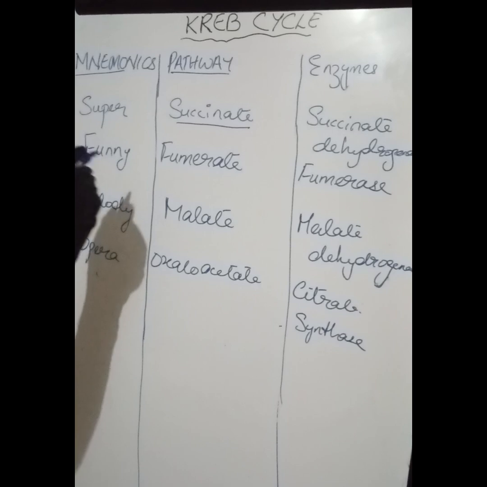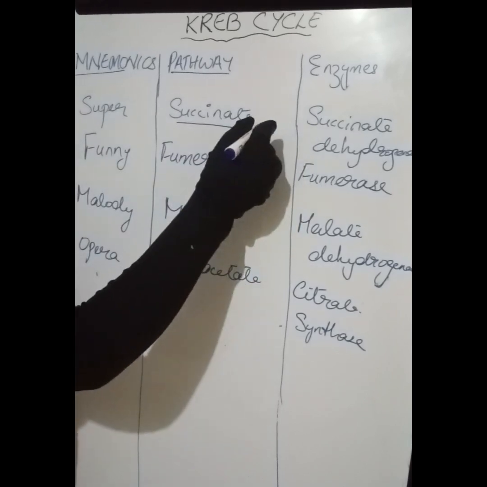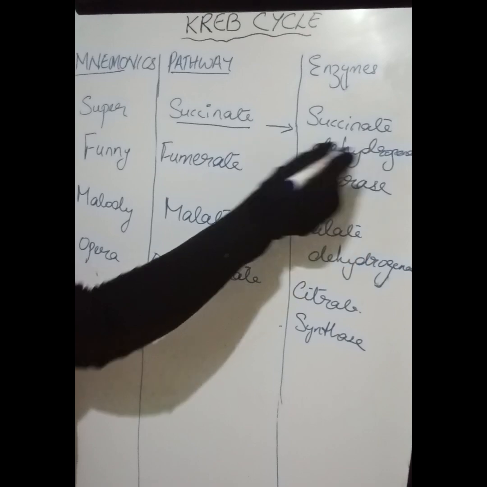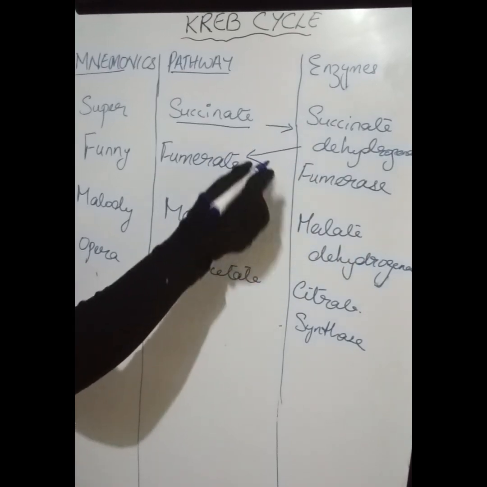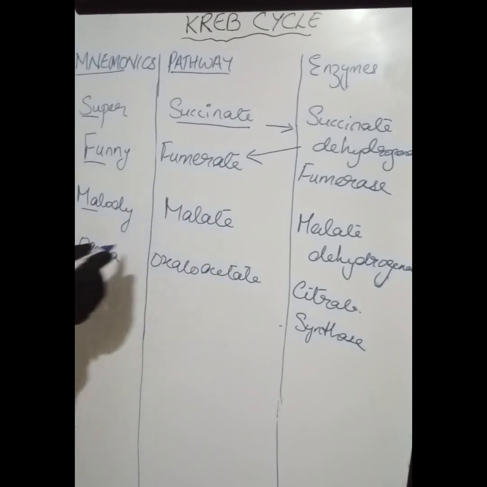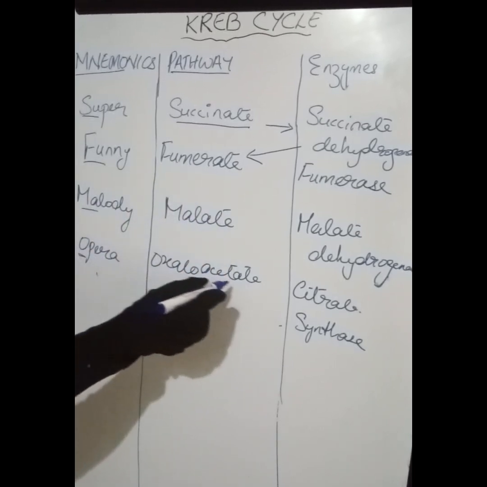Now succinate requires succinate dehydrogenase to produce fumarate. I have already told you, super funny melody opera. SU is for succinate, FU is for fumarate, MA is for malate, O is for oxaloacetate.